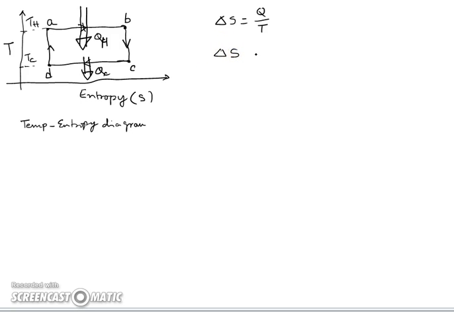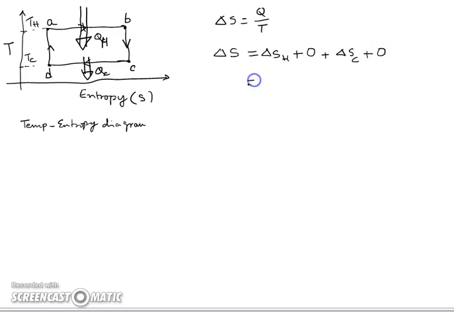So the total change in entropy, I can say delta S, is delta SH, which is from A to B, plus 0, which is from B to C, plus delta SC, let's call it cold, from C to D, and from D to A it is again 0.